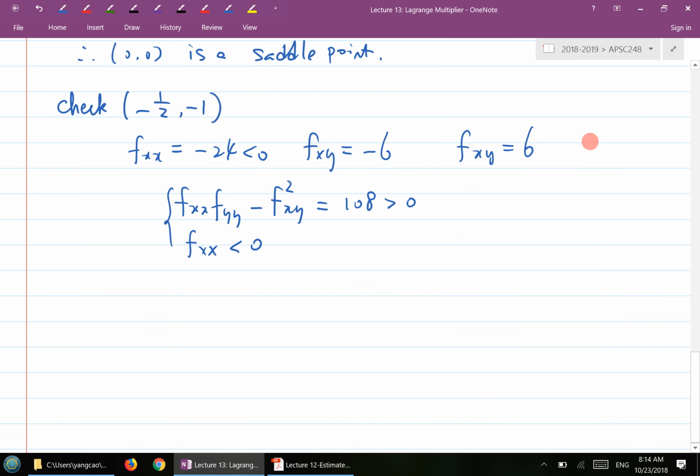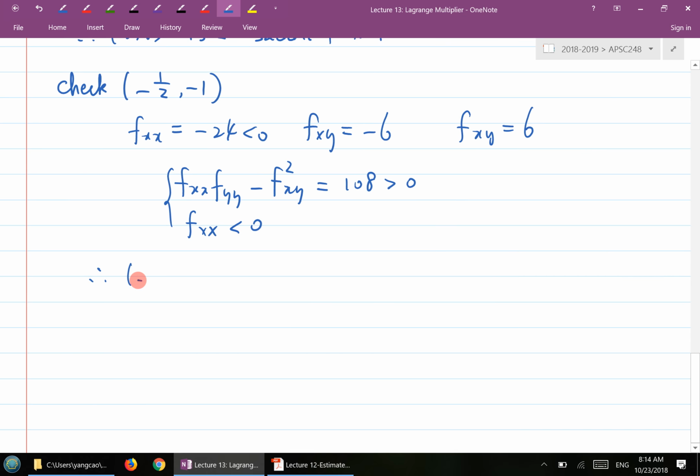Okay, so local maximum. Yeah, so that's the idea of applying the 2 theories here. And often, when you get knowledge that this is a local maximum, then what is the value of the local maximum, right?